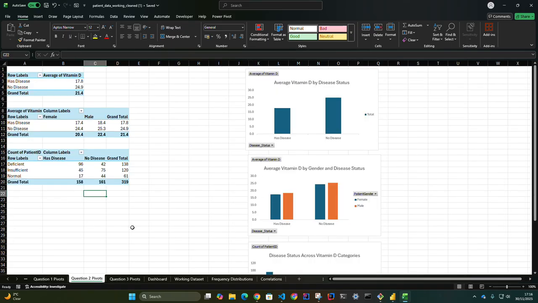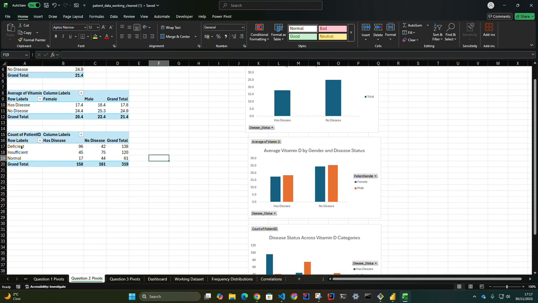So for question 2, pivot tables, you can see that the level of vitamin D is much lower in the has-disease group in comparison to patients that don't have disease. You can see that as well for males and females. It's reduced in comparison to levels that a patient would have if they didn't have disease.